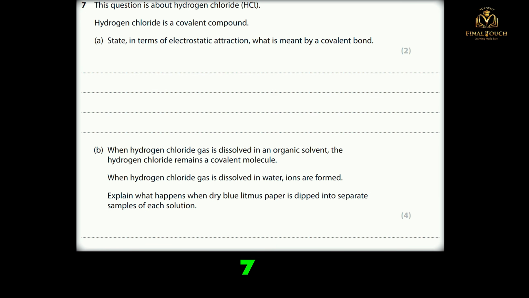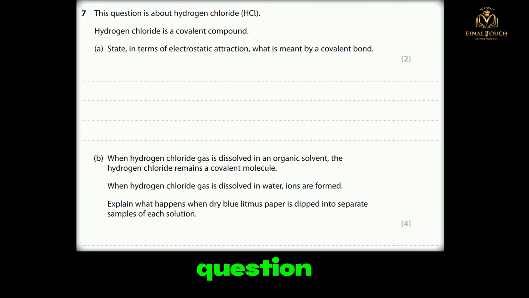Moving on to question 7. It is about hydrogen chloride. Hydrogen chloride is a covalent compound. State in terms of electrostatic attraction what is meant by a covalent bond.